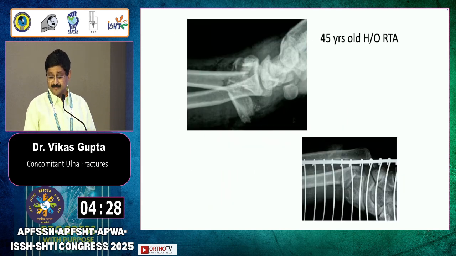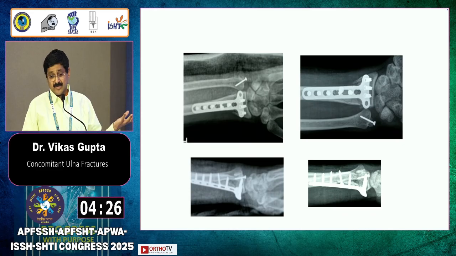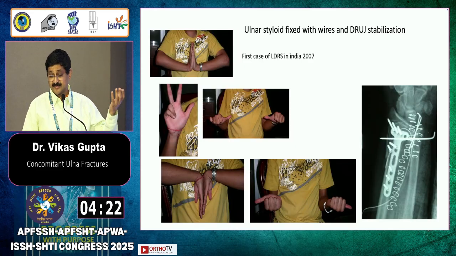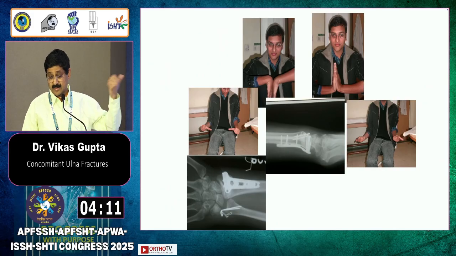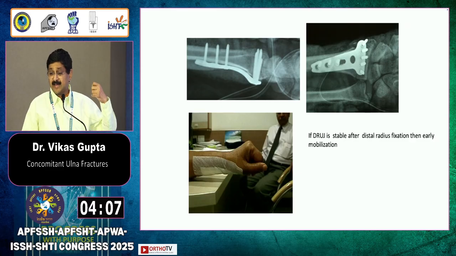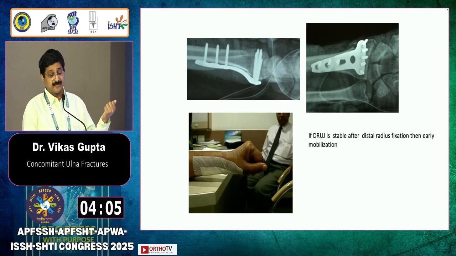Going through a few cases: a styloid fracture fixed along with the distal radius fracture, good results, good outcome. Again, fixed with the help of a screw, and DRUJ stabilization was done with the help of a wire. We'll come to that again, then tension band wiring. So there were different ways we were doing it. This was a patient, sorry, video is not working.